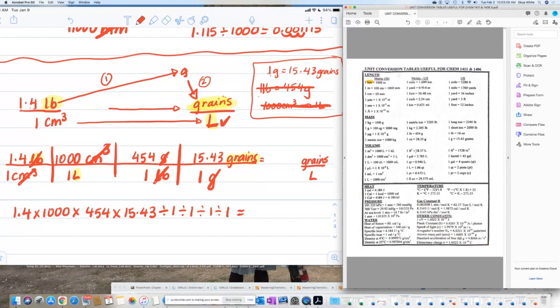So let me put this in my calculator. 1.4 times 1,000 times 454 times 15.43 divided by 1, divided by 1, divided by 1, divided by 1. Shouldn't change the answer. Oh, I get a big number. I get 9807308. Okay, so here is where, Victoria, you asked me this question.